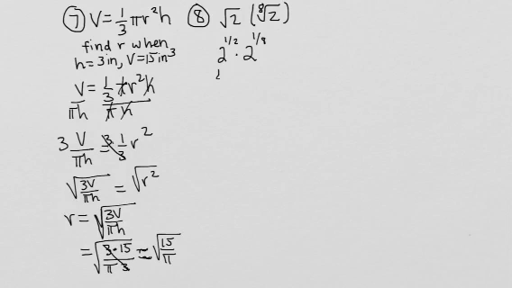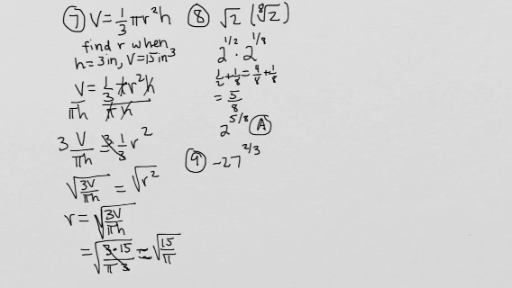So 1/2 plus 1/8 is equal to 4/8 plus 1/8. So that's going to give you 5/8. So that's my numerator. So it's 2 to the 5/8. Okay, so this is a multiple choice problem, so the answer is A.